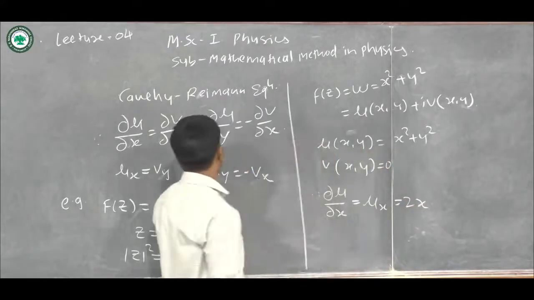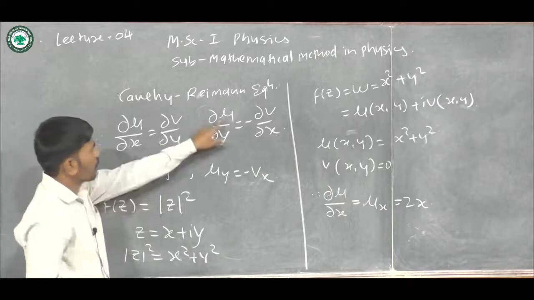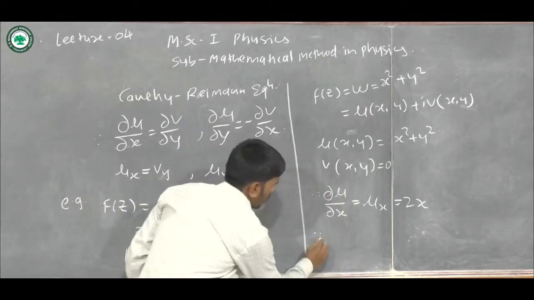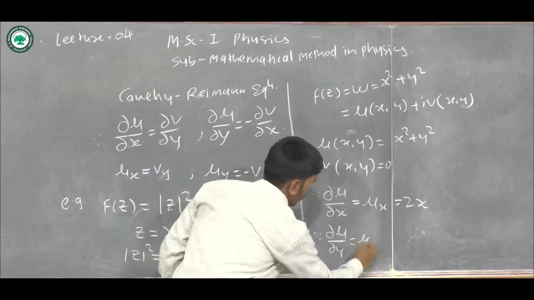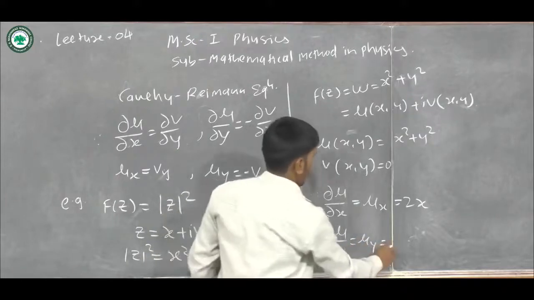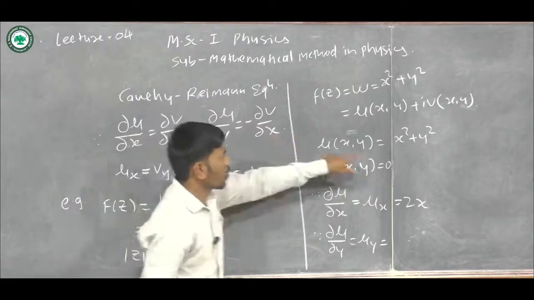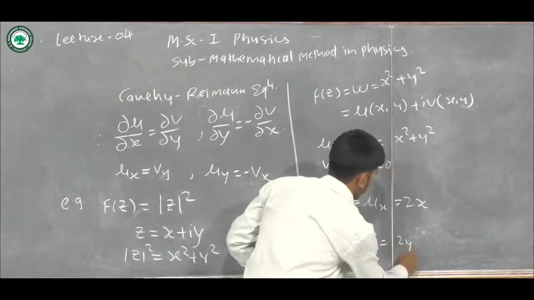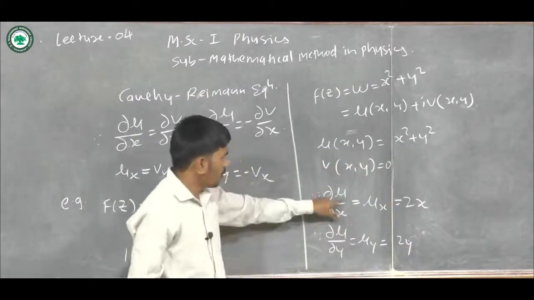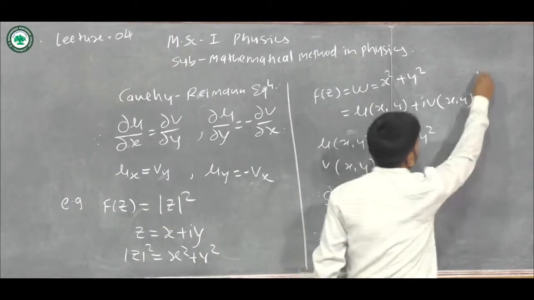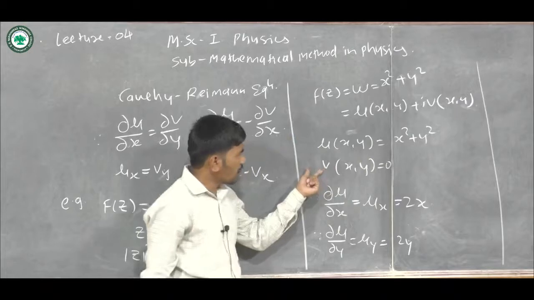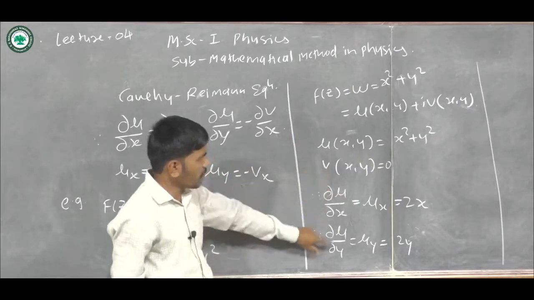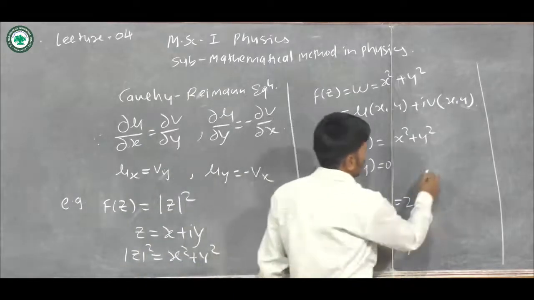Similarly for y, dou u by dou y is equal to u subscript y, which is equal to 2y. Now if we differentiate v with respect to x and y, we get 0.